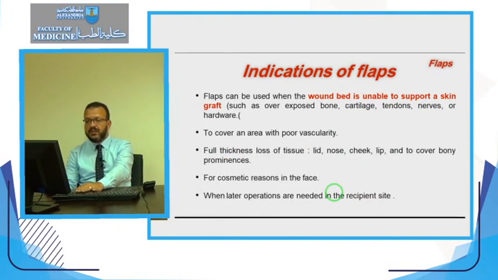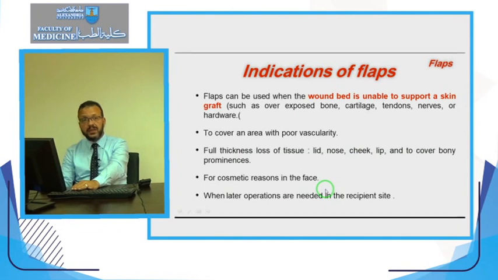The indications of the flaps, there are several indications, like we said, exposed bone, cartilage, or in other words, avascular beds, to cover an area with poor vascularity. When we have a full thickness loss of tissue, like for example in the lid, nose, cheek, lip, and to cover bony prominences, for cosmetic reasons in the face, because the flap gives a better cosmetic result than the graft, and when later operations are needed in the recipient site.